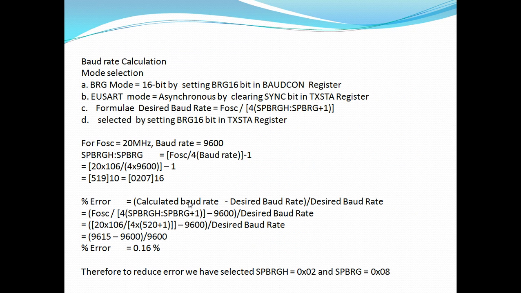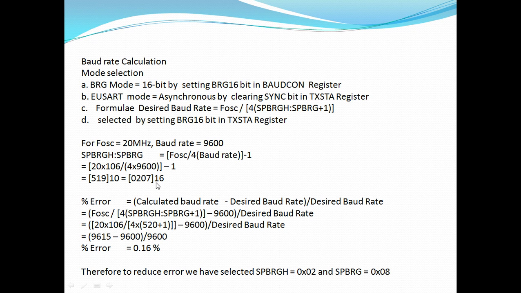This is a baud rate calculation. You can see, for a 20 megahertz frequency and baud rate of 9600, you can calculate the values like this. SPBRG is 20 megahertz divided by 4 into 9600, minus 1.